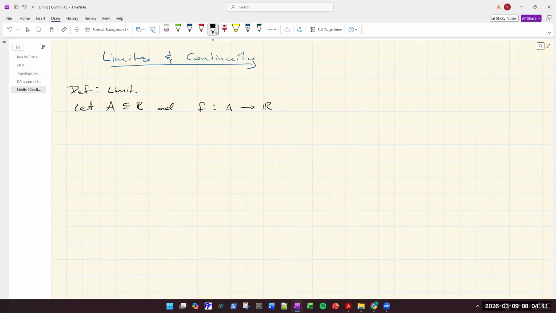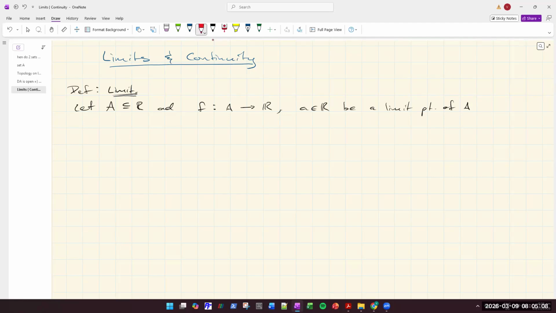Let f be a real valued function, and A be a limit point of the domain. So in order to talk about the limit, A needs to be a limit point of the domain, not necessarily belonging to the domain.